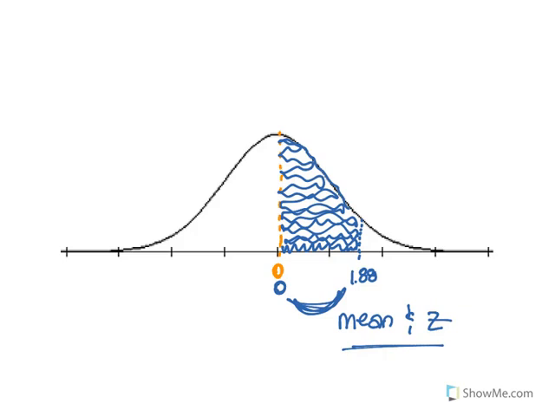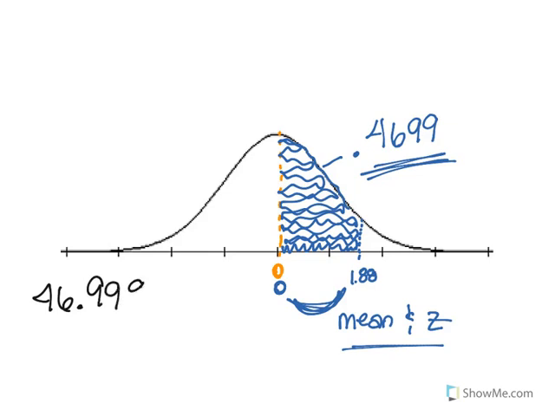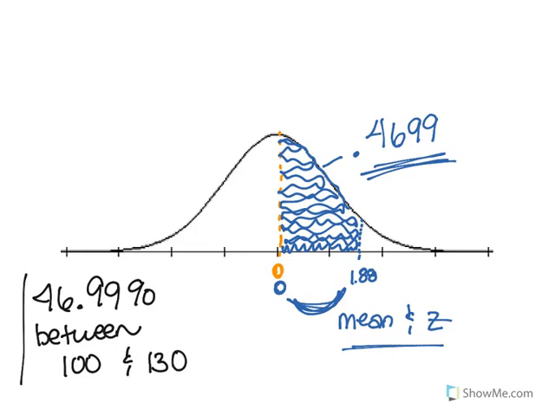So we would go to 1.88 on our table, and that measurement is 0.4699. So if I'm asking you about the percentage of people who have an IQ between 100 and 130, that would be 46.99%.